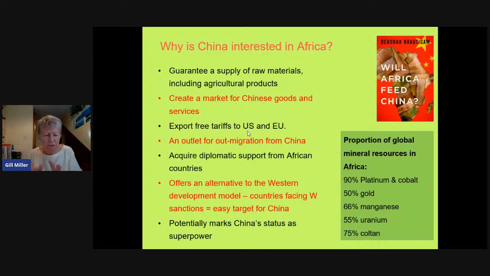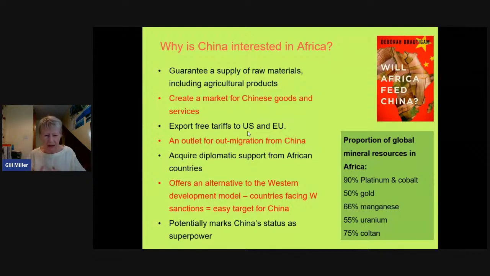There are particular arrangements between the US and EU. So if China is producing resources in Africa, they can then make use of that tariff-free zone and export via another route.